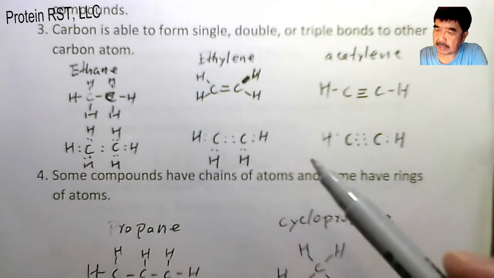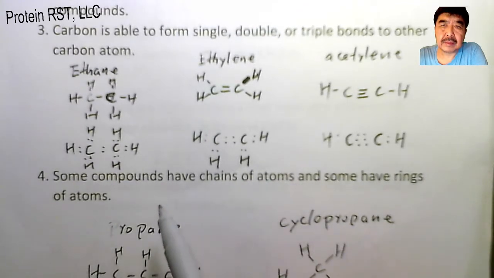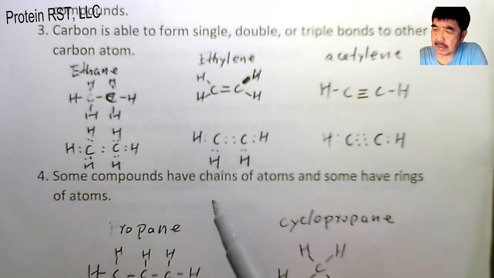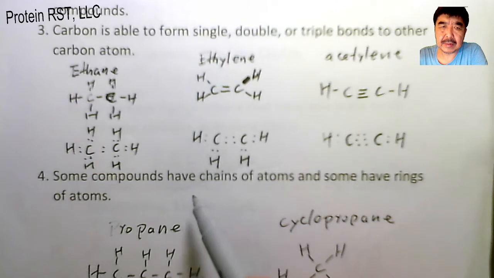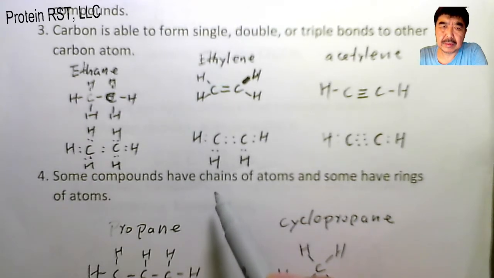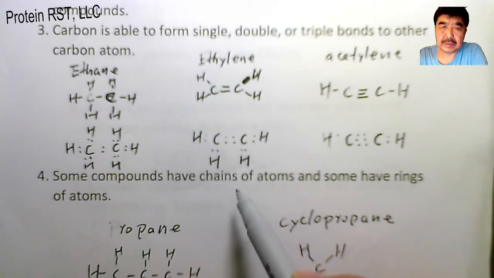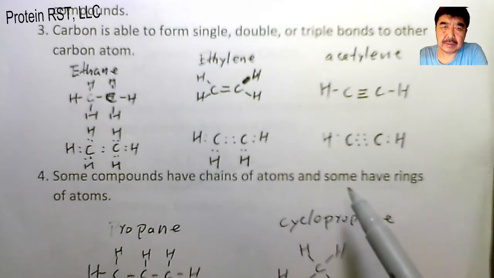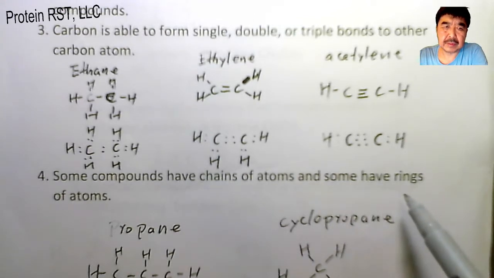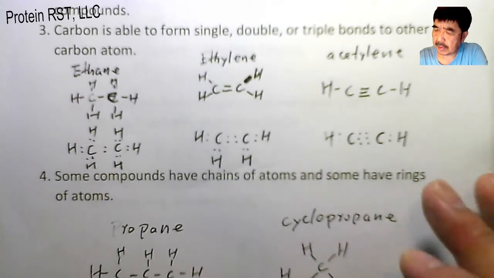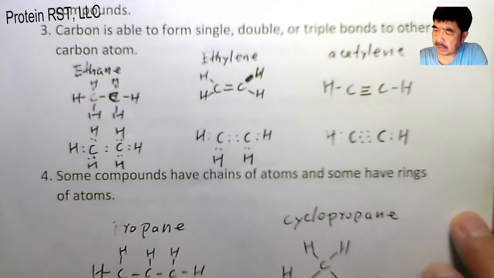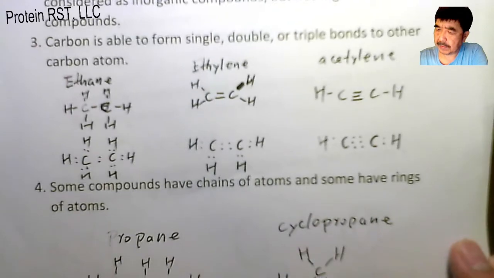Next, some organic compounds can be a chain. A straight line is a chain of carbons, and some compounds can form rings. The example here is a 3-carbon alkane called propane.